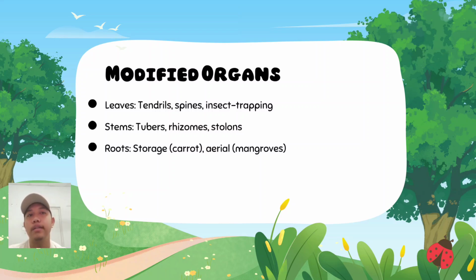Modified roots like aerial roots in mangrove that allow breathing in swampy areas. These modifications help plants survive under stress like drought, flooding, or low light.